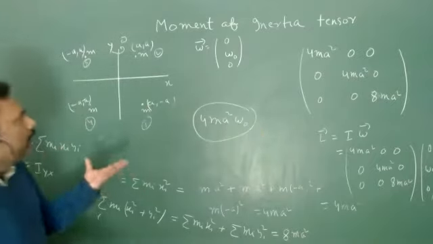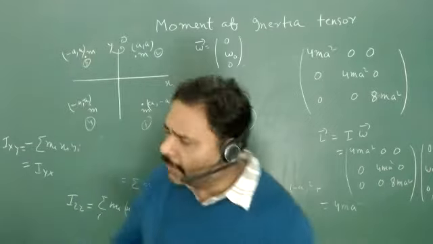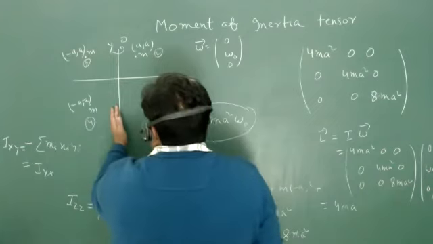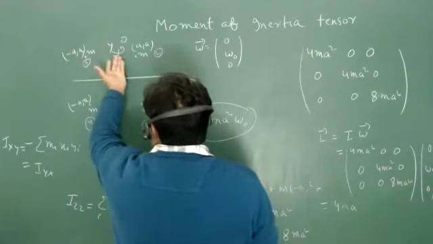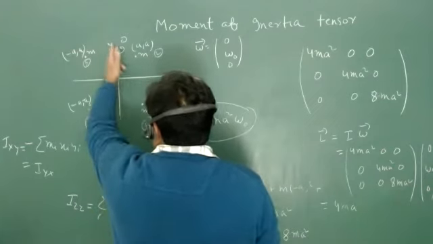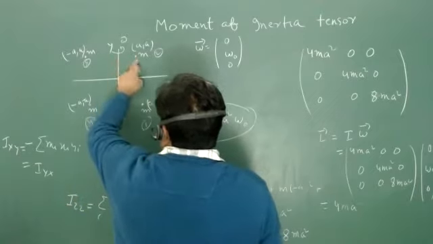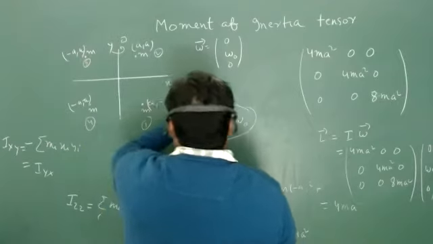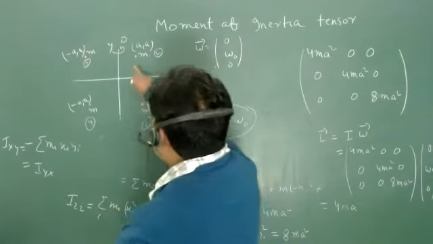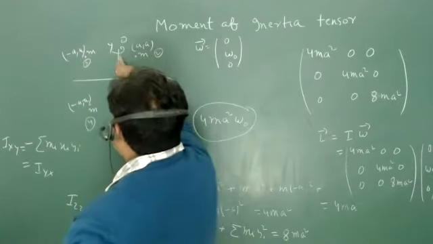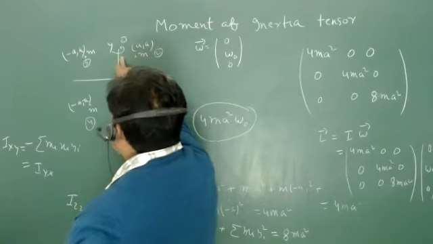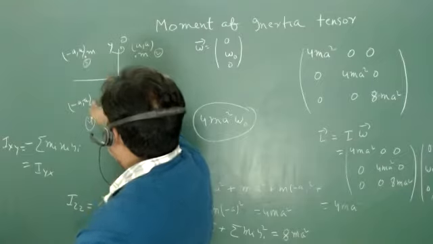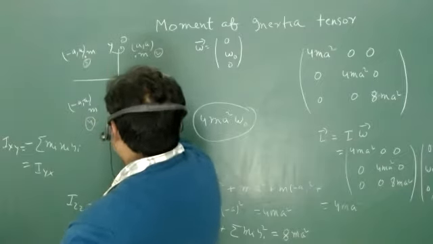Now you can calculate it in a different way also. This is your axis, and the whole system is rotated about this particular axis. If you take the perpendicular distance for each mass, then you will get exactly the same thing. What will be the moment of inertia about this axis for this point? ma square. Yes. For this one also, ma square. This one also, ma square.